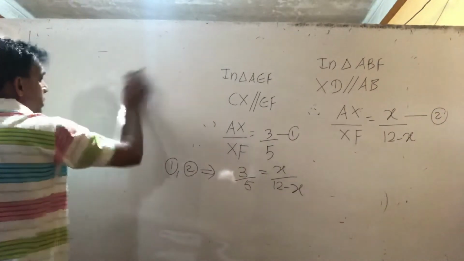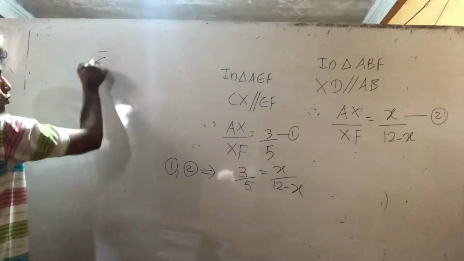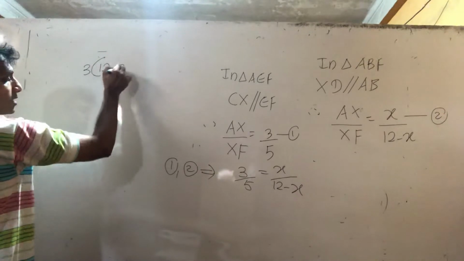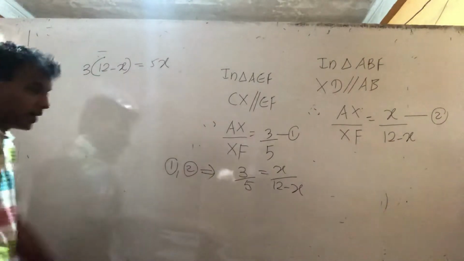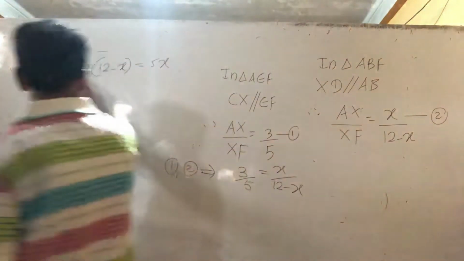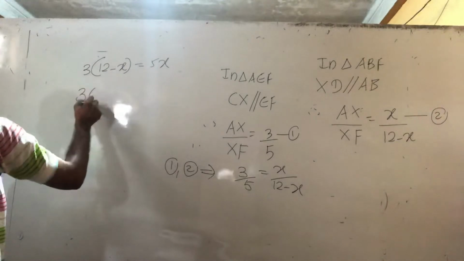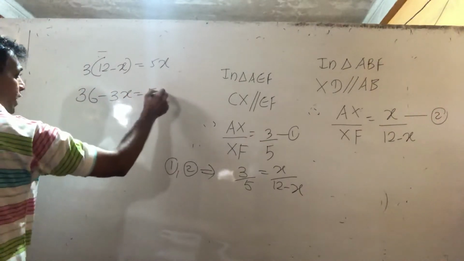Solve that equation. How? If we cross multiply here, 3 into 12 minus X equal 5 times X. Now multiply the brackets and solve. So 36 minus 3X equal 5X.